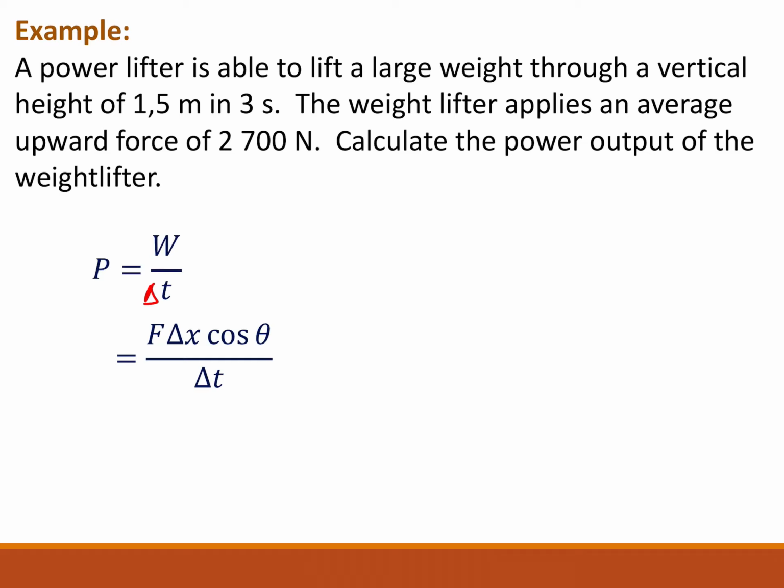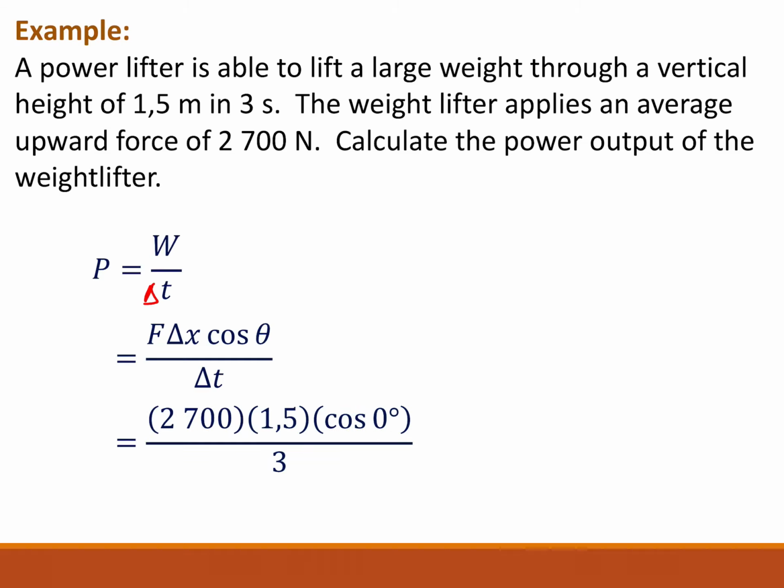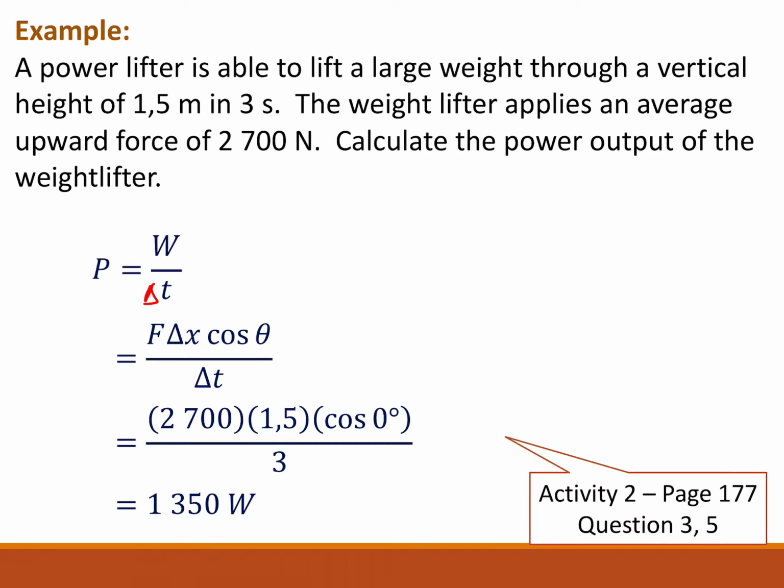The force is being exerted in the same direction as the height, so theta is 0. So it's 2,700 times 1.5 times 1, because cos 0 is 1, divided by 3, which is 1,350 watts. It's small compared to the car, but that's expected because it's a much smaller force over a much smaller distance. Okay, so it makes it easier.